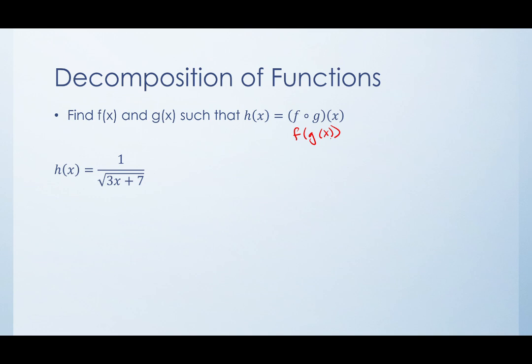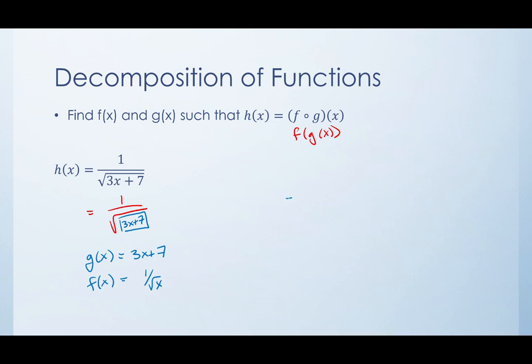And so we look at this, and there's usually at least two good answers that students can come up with for this one. They can look at this as being 1 over the square root of something. I'm going to put the something in blue. And that something is 3x plus 7. And in that case, my inside function, my g of x, is 3x plus 7, and my outside function is 1 over the square root of x.